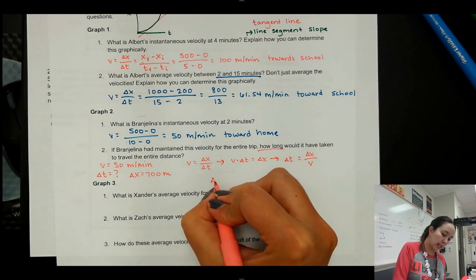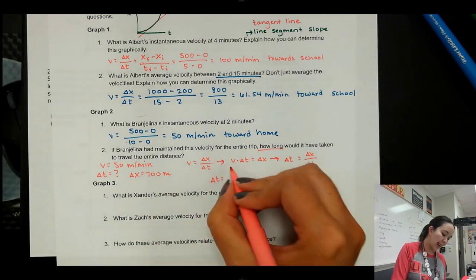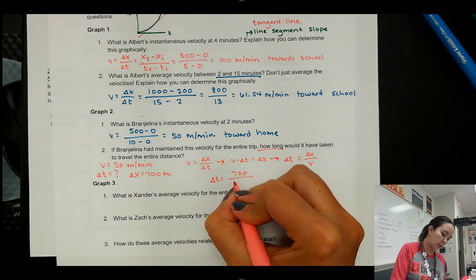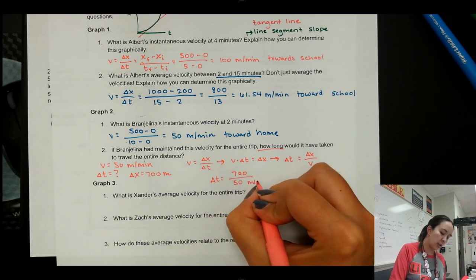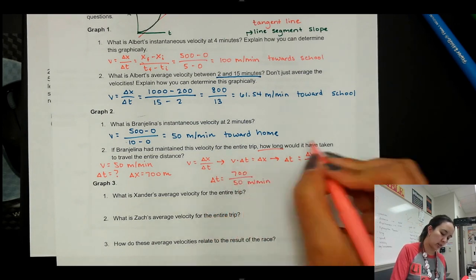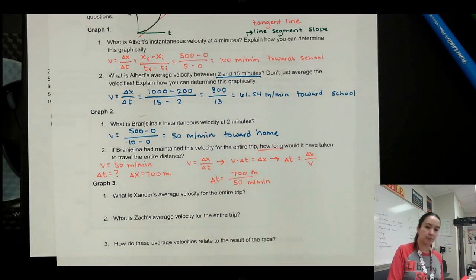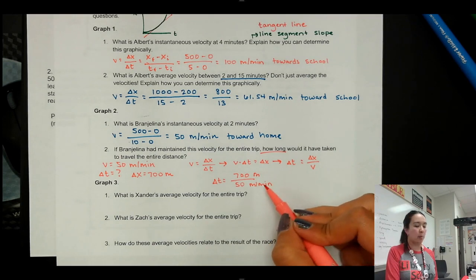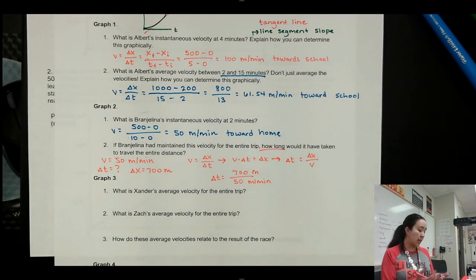Okay, so then plugging in my numbers, I need to travel 700 meters at 50 meters per minute. And my units do work out, right? The meters cancel out. The minutes is going to pop from the bottom to the top. So my answer is going to be in minutes.